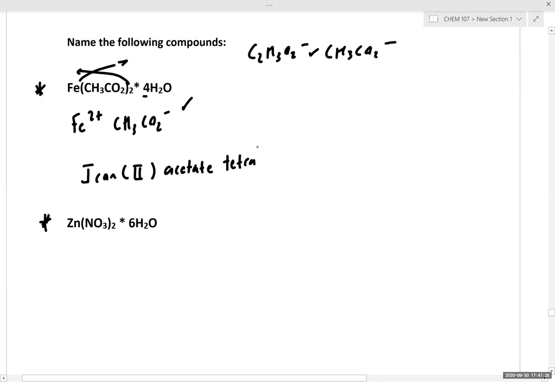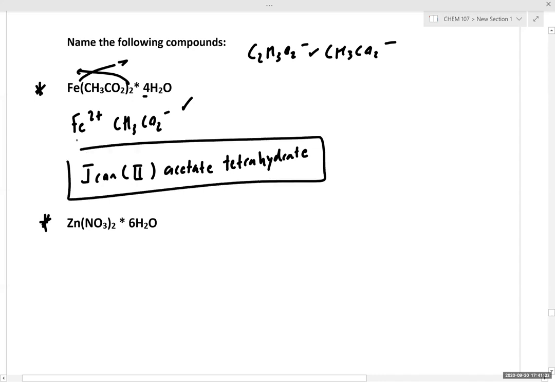So we call this iron 2 acetate tetrahydrate. Does this first example make sense? Any questions on this first example?